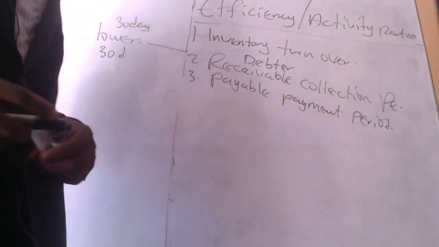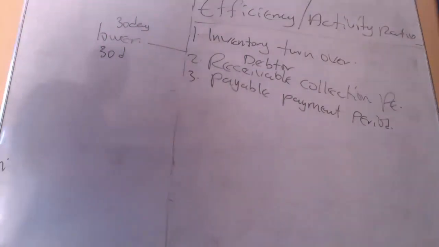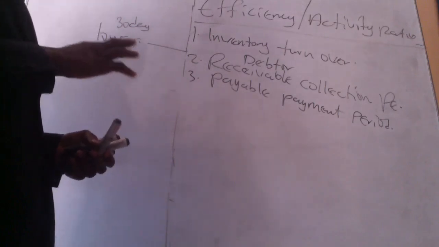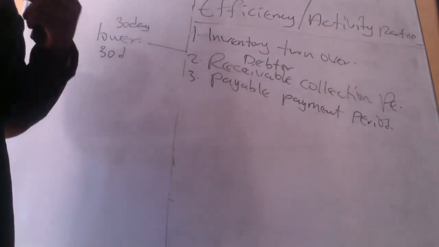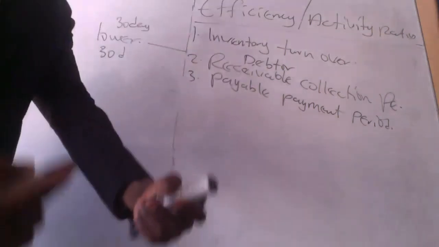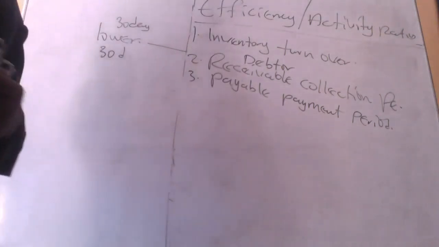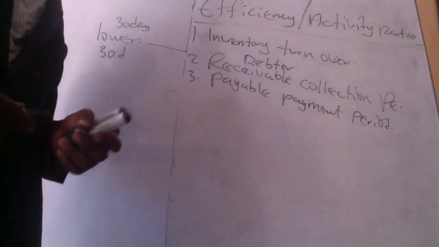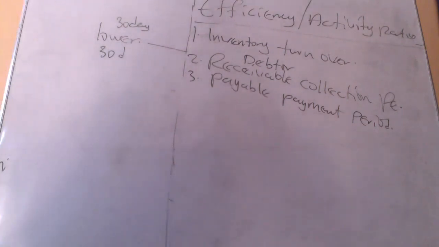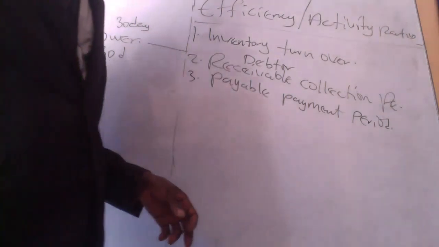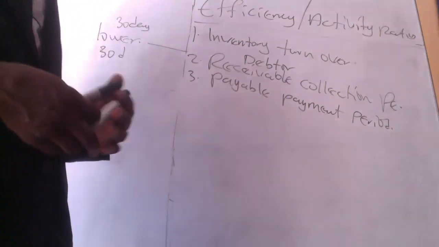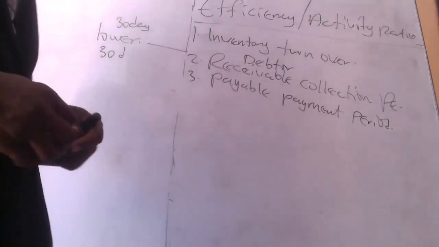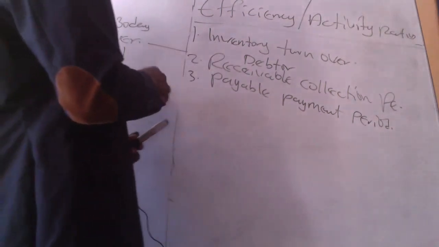Now this one too talks about how long it takes you, the organization, to pay for your supplies as and when they fall due. Since day one that you acquire the goods, how long will it take you to pay your bills, or pay for the items supplied to you?